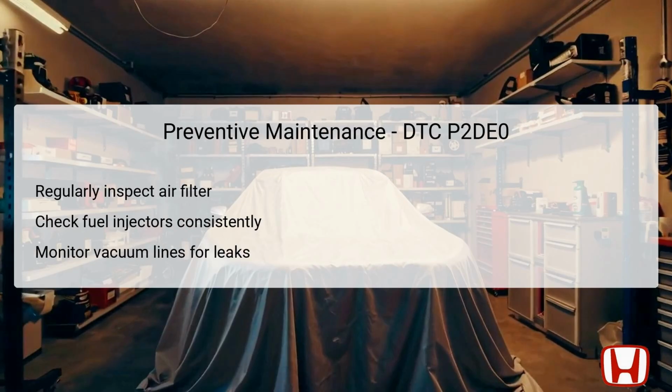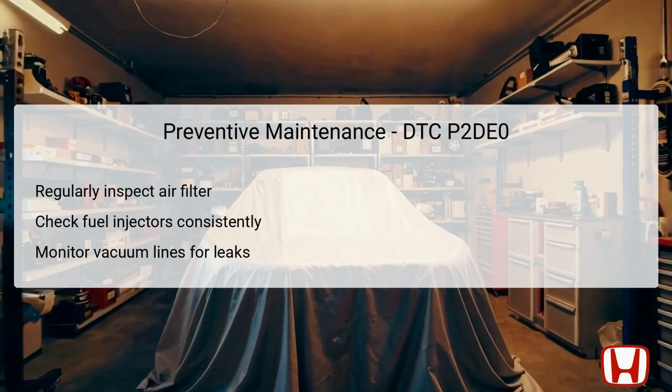To prevent reoccurrence of DTC P2DE0, regular maintenance of essential engine components is critical. Begin with routine inspections of the air filter to ensure that it is clean and allowing unobstructed airflow to the engine. A clogged filter can lead to a restricted intake, contributing to air-fuel ratio problems. Additionally, fuel injectors should be checked for clogs and consistent performance to ensure they deliver the correct amount of fuel.